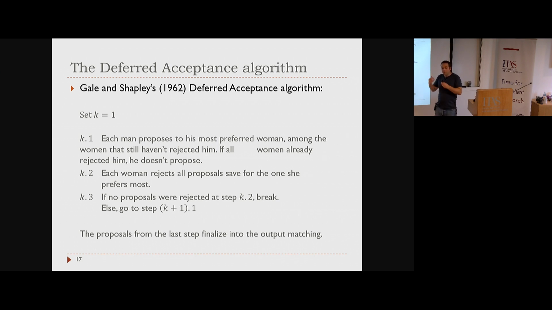And then on the third day, I'm telling each man that is not camped in some yard, please go, so now I cannot tell them go to your third most preferred woman, because some of the men might have been rejected only once. Some of them might have been rejected twice, but some of them might have camped the first night and then been rejected. So I'm telling every man, please go to the front yard of the woman that you most prefer that still hasn't rejected you, okay? That still hasn't sent you away from her yard.